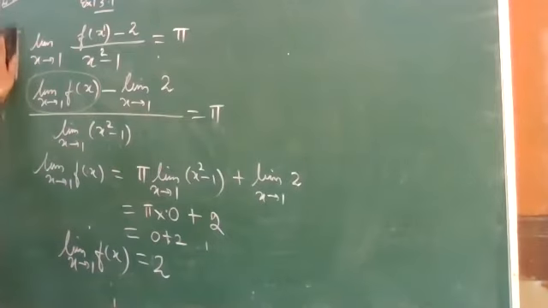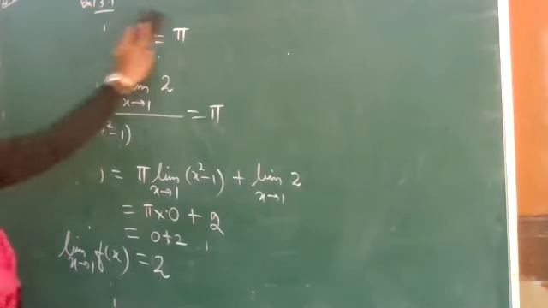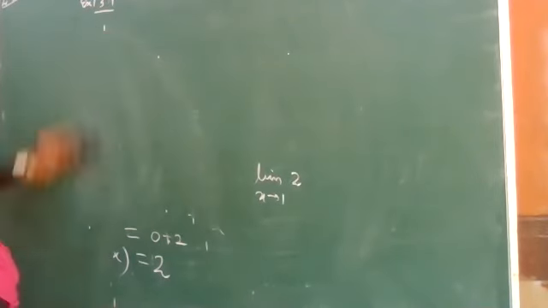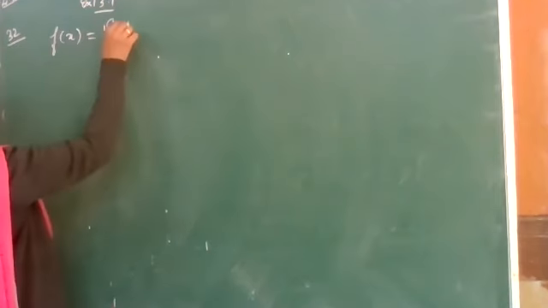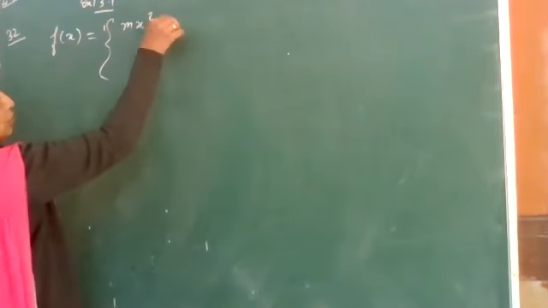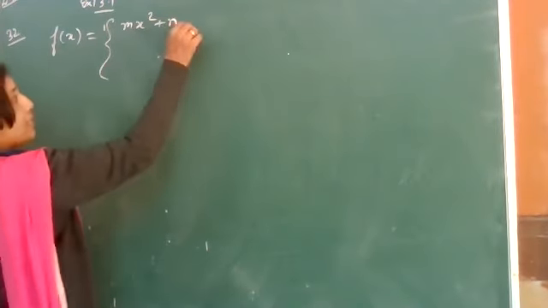Now let's come to the last question. Question number 32. Again, we are given a function f(x) equal to mx square plus n when x is less than 0.